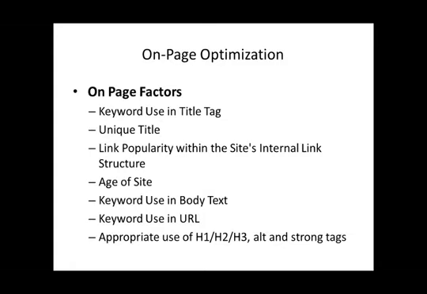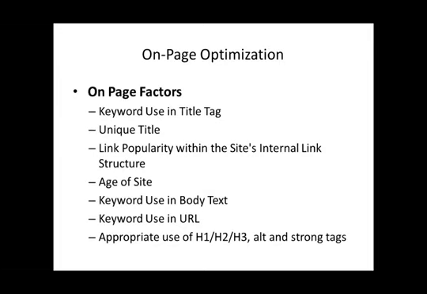Along with that, there should be interlinking between all the web pages within the website, and the age of the site is also a parameter in the Google algorithm while ranking any individual website. And along with that, use of targeted keywords in the content and in the URL, just to make the URL well structured and more SEO friendly.